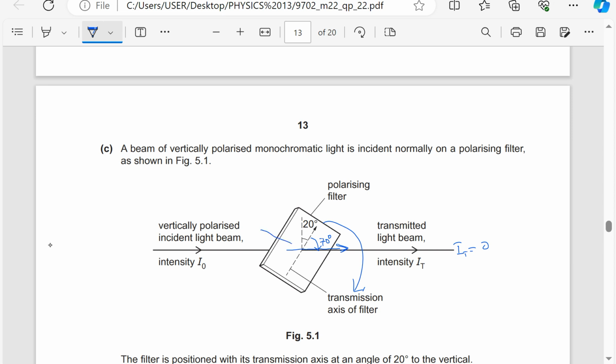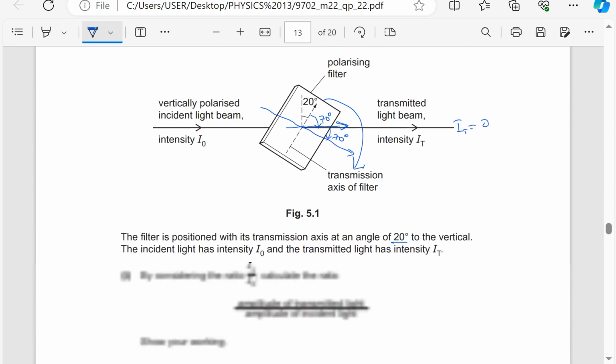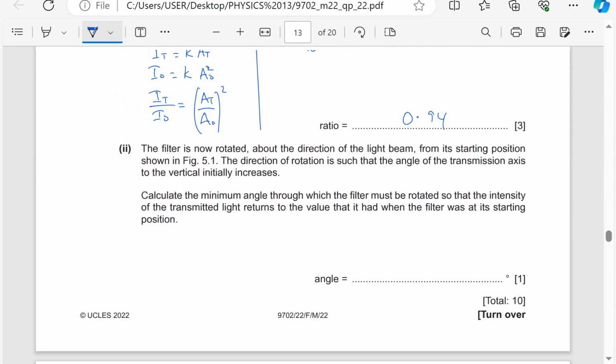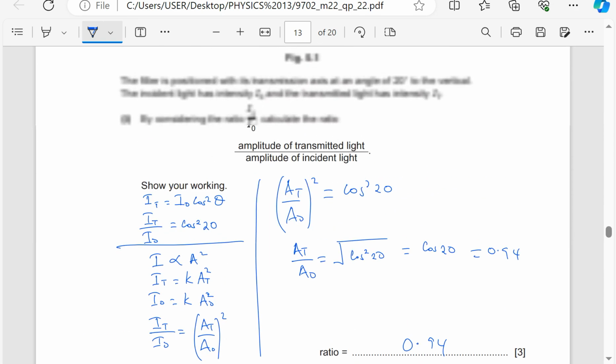So when it goes through another 70 degrees, the intensity goes back to its original value. Let's see the question here. Calculate the minimum angle through which the filter must be rotated so that the intensity of the transmitted light returns to the value that it had when the filter was at its starting position.